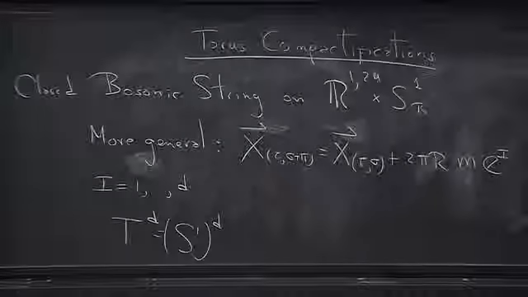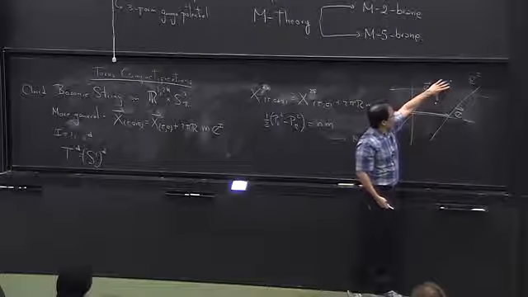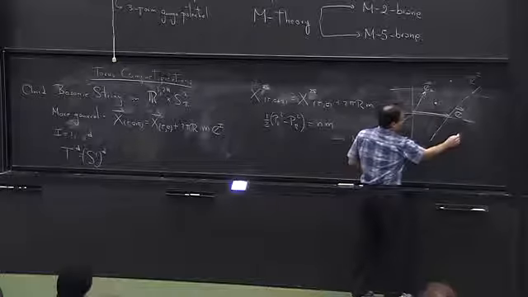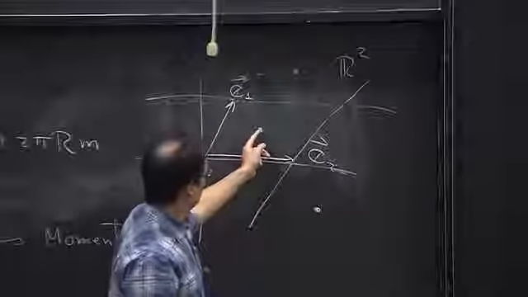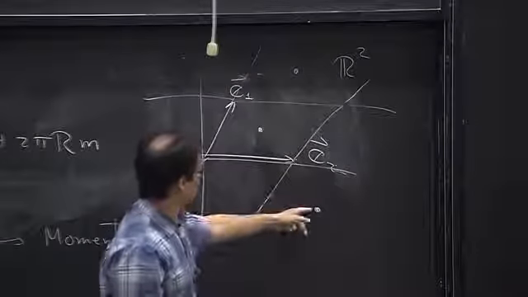Okay? So this point here will be the same as this point here because they are related by one unit of this vector. So these 2 points are identified. This point will also be identified with this point because it's related to that point. This one is related to that point by 1 unit of this vector minus 1 unit of this vector.